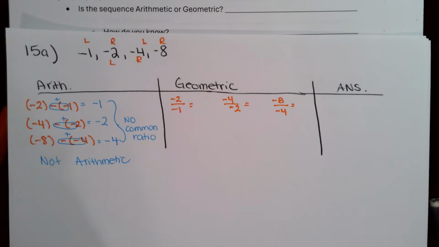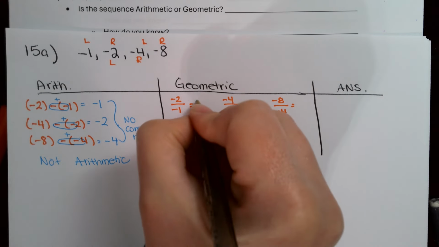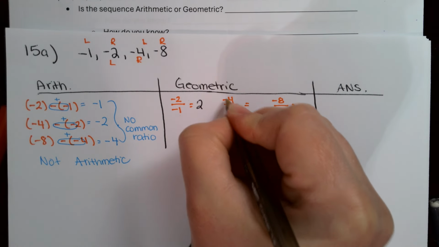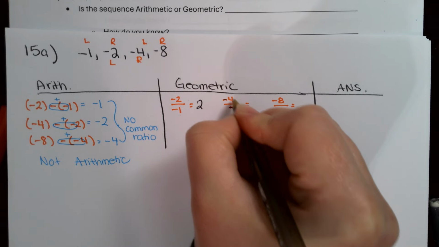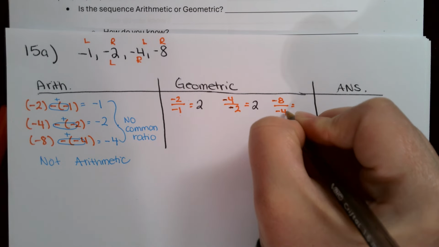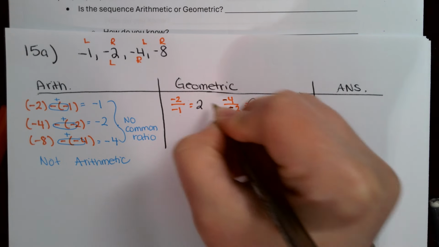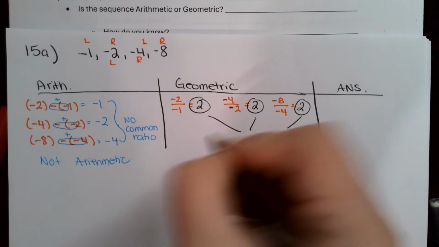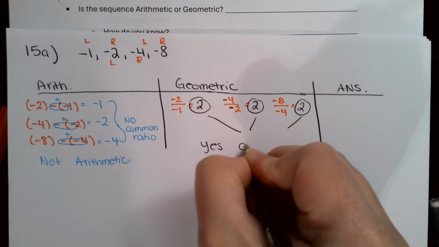For geometric, negative gives us a positive. 2 divided by 1 is a positive 2. 4 divided by 2 is 2. 8 divided by 4 is 2. Because all of these are the same, yes, it is geometric.